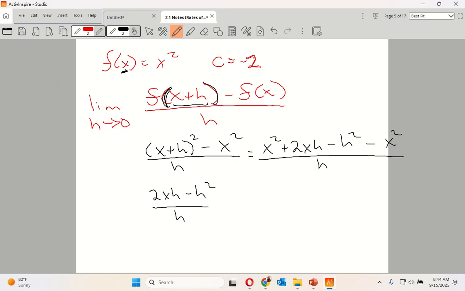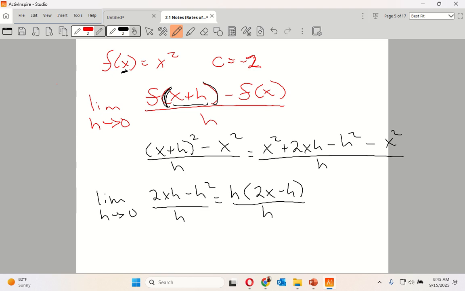And please don't do the math sin. They have an h, so I need to take the h out. So I need to factor it out. Factoring it out, I'm going to have h times the quantity 2x plus h, over h. Now this is not a math sin.